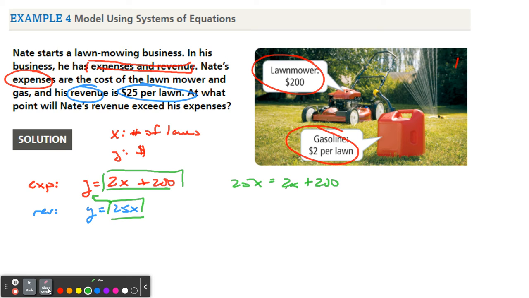Right side is two terms, one with an x, one without an x. So you can't combine on the right-hand side. So you have to move and combine the x's. So we're going to move the 2x to the left by subtracting it. And this gives us 23x equals 200. And then we divide by 23. And x is roughly 8.69, which we're going to round up to 8.7, and that's the lawns.